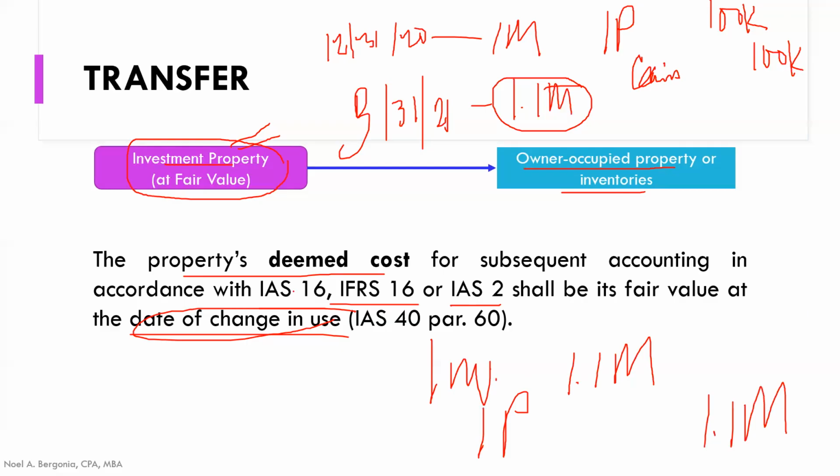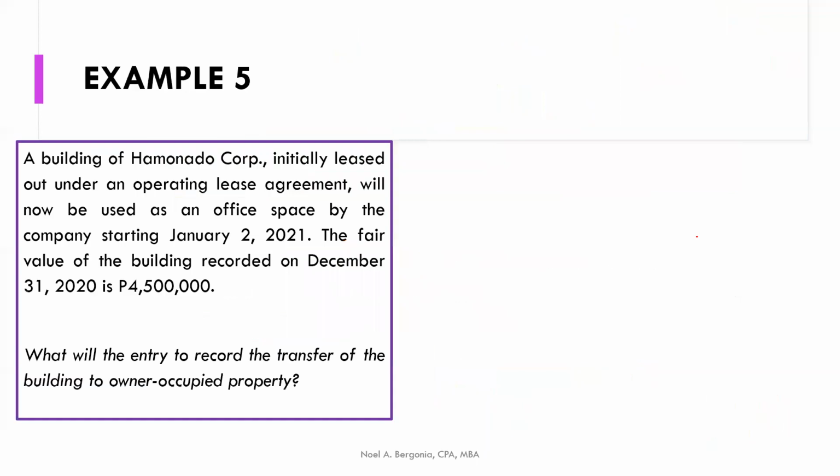Okay, so again, the latest fair value at the date of change of use for the investment property using the fair value model will be the deemed cost once you transfer it to the owner-occupied or inventory. So again, another example to show you this transfer.